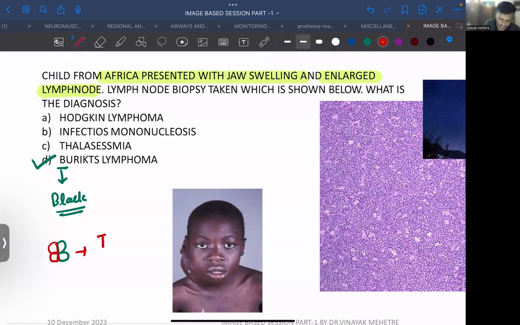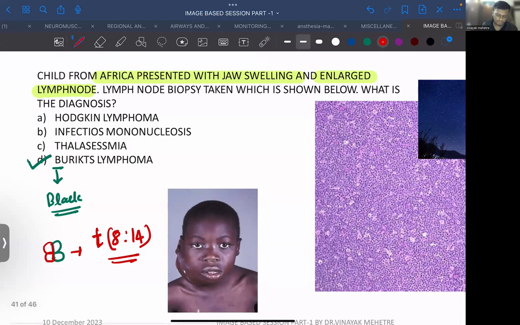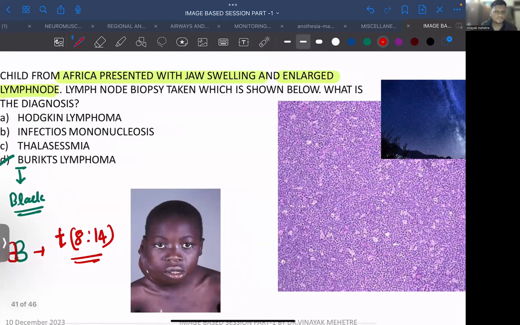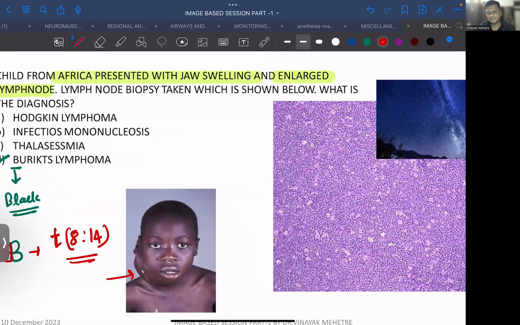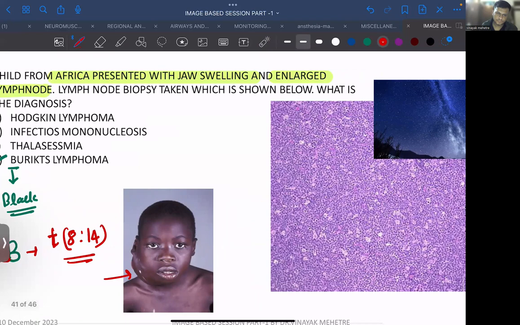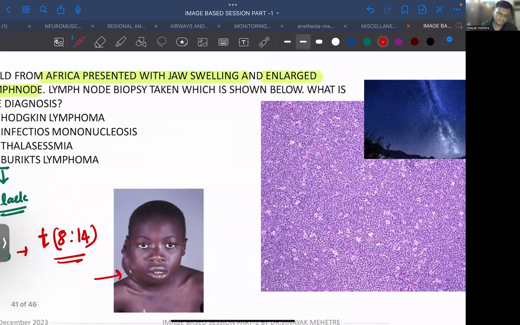So translocation is 8 and 14. Okay, कुछ ऐसा दिखेगा. It will look like this. Most common is this one.